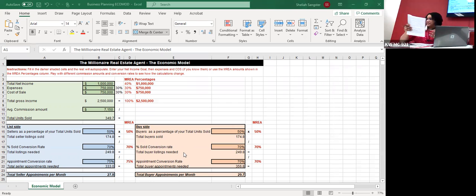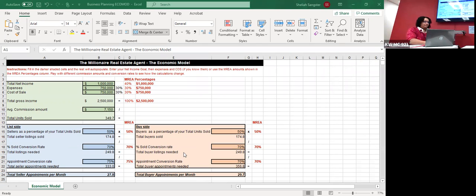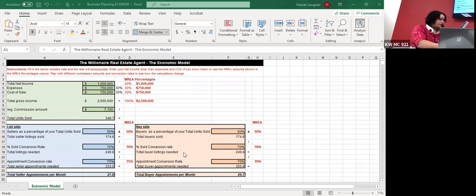So let's look at this economic model on the screen. Let's start with the benefits of the economic model on page 3.1.